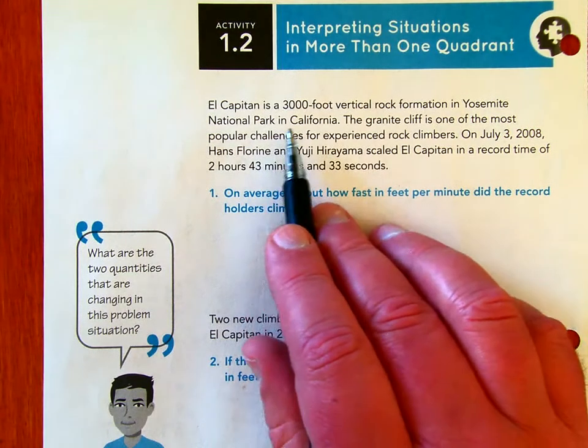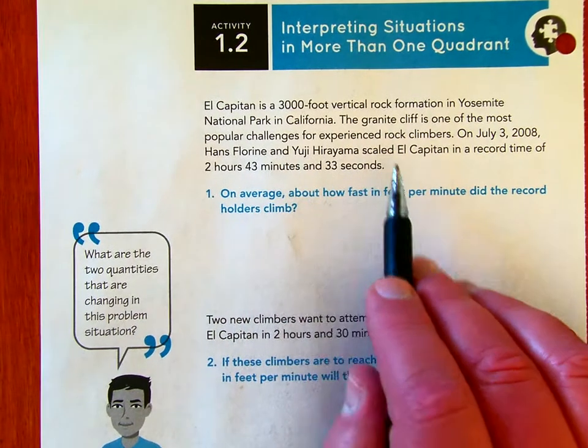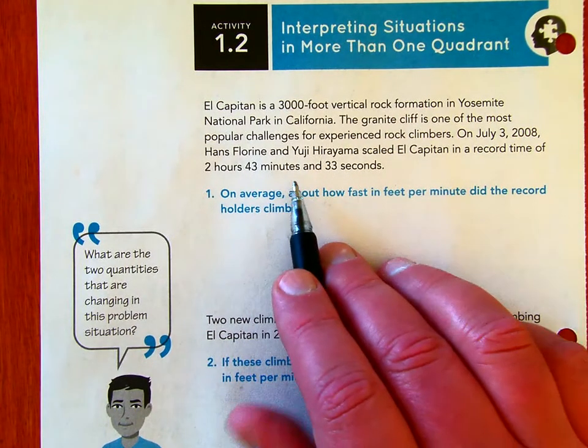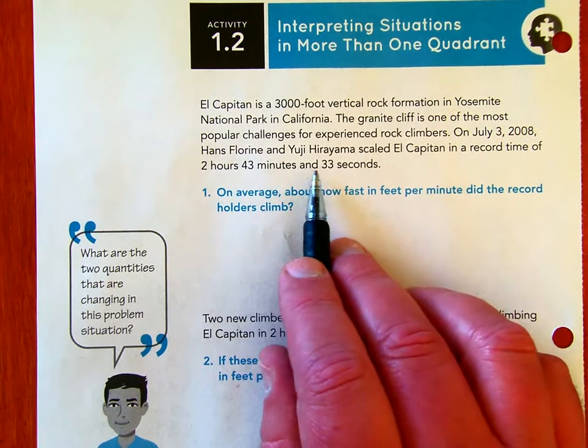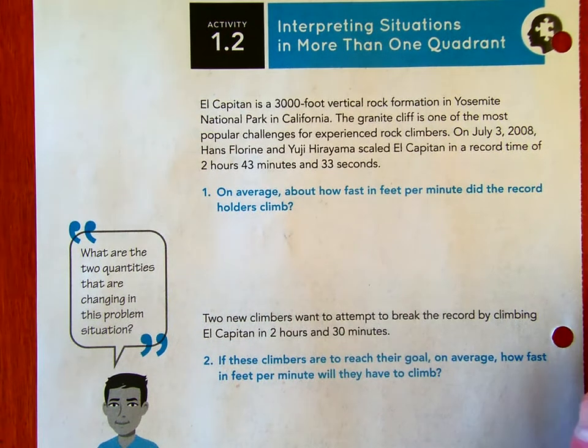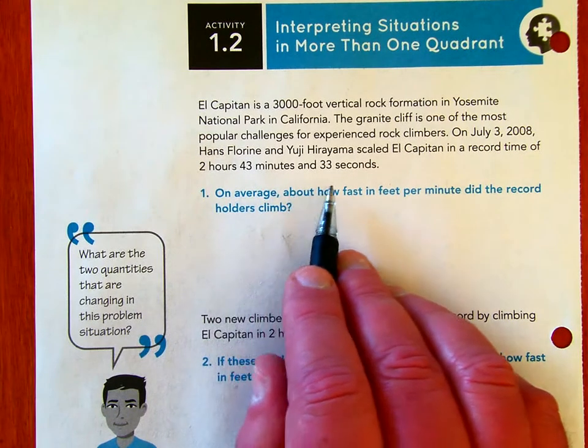El Capitan is a 3,000-foot vertical rock formation in Yosemite National Park in California. The granite cliff is one of the most popular challenges for experienced rock climbers. On July 3, 2008, Hans Florin and Yuji Hariyama scaled El Capitan in a record time of 2 hours, 43 minutes, and 33 seconds.